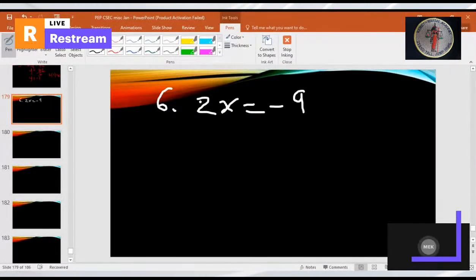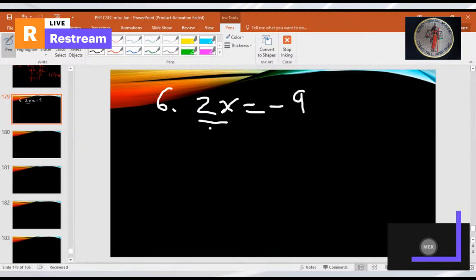We want to move the 2 to the right, to do the opposite of multiplying, which is to divide. So we need to divide. I'm going to work it the way I worked number 1, just for you to see. If you want to say, all right, you're going to divide both sides by 2, so that would be that. Divide by 2.